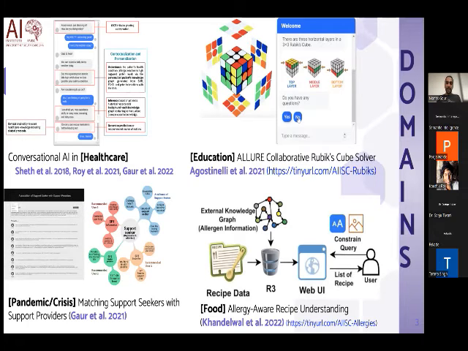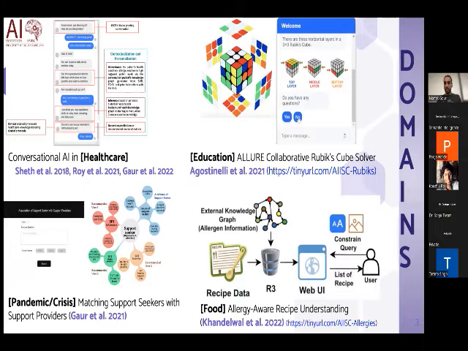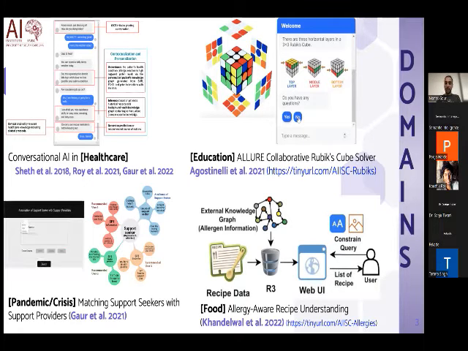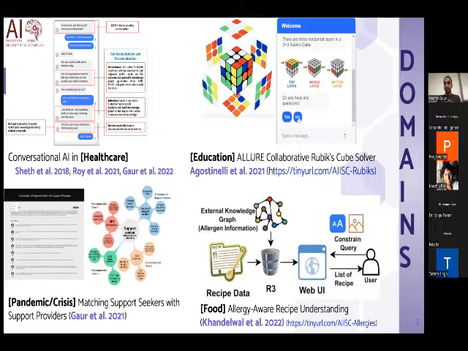Another interesting direction has been in food, where you want to develop a framework that is allergy aware, and understands which allergies are associated with some recipes.